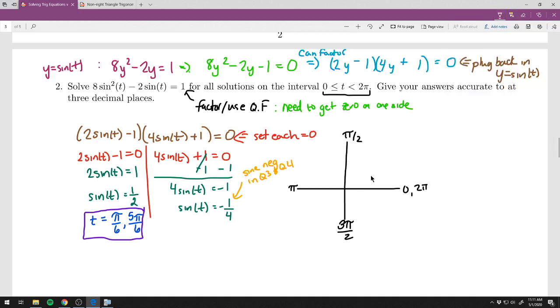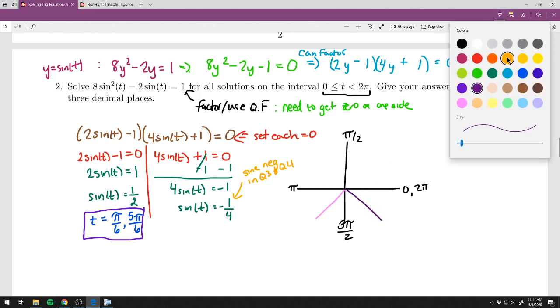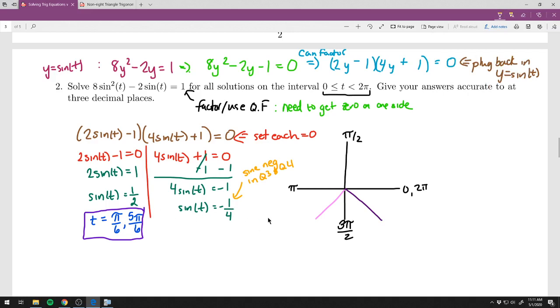And I'll go ahead and draw a sample angle for each one. Now, we know what to do from here. To start by getting one of the answers, we do sine inverse of each side. And we get t equals sine inverse of -1/4.